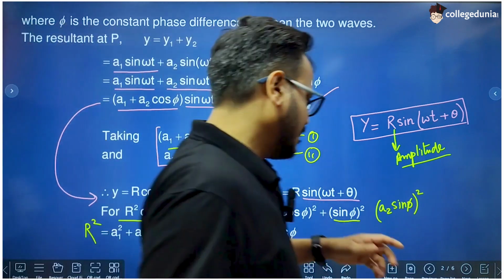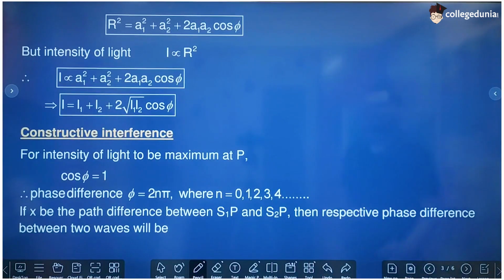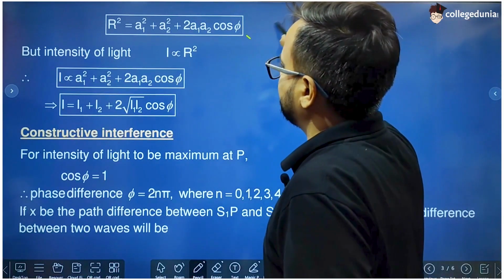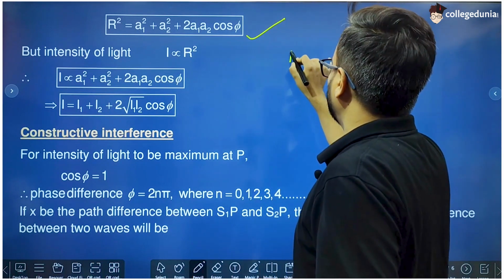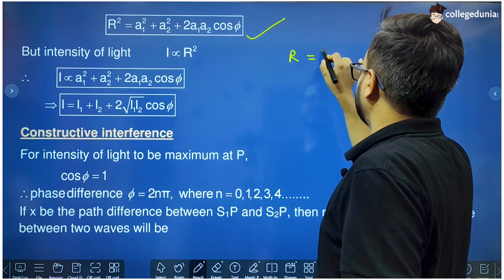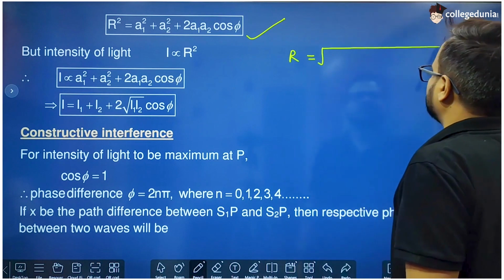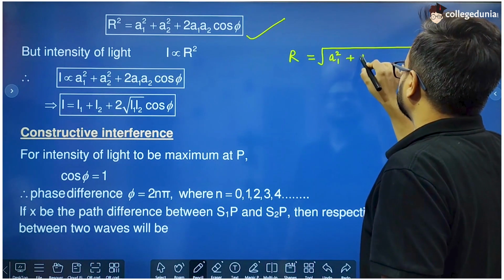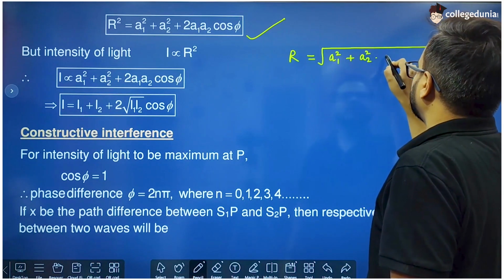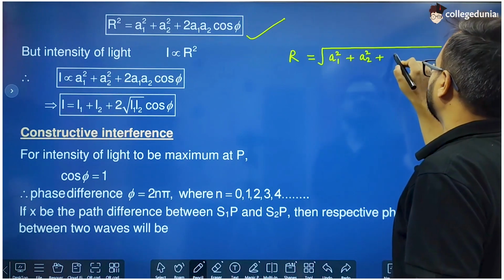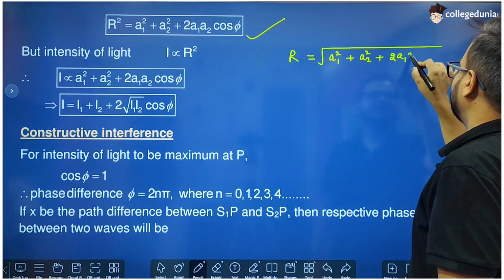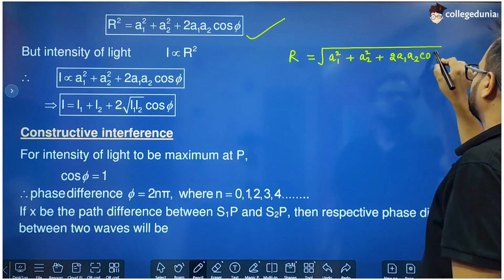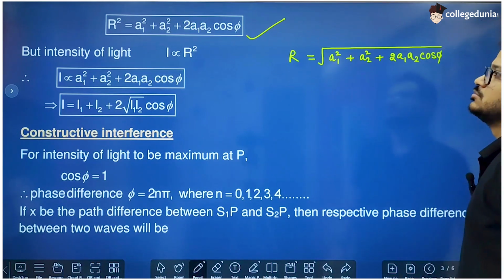So r, which is the amplitude of the resultant wave, becomes the square root of a1 square plus a2 square plus 2 a1 a2 cos phi.